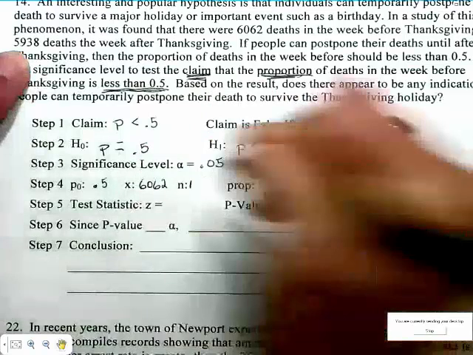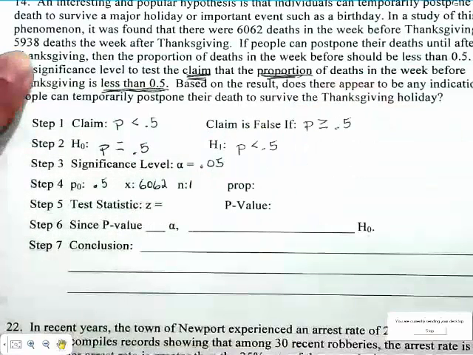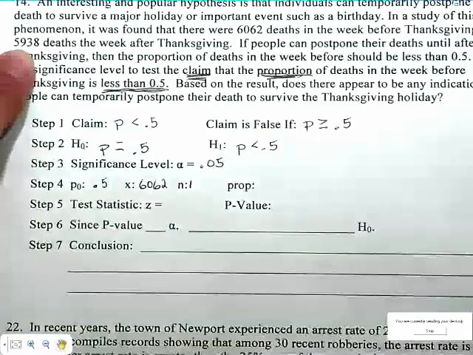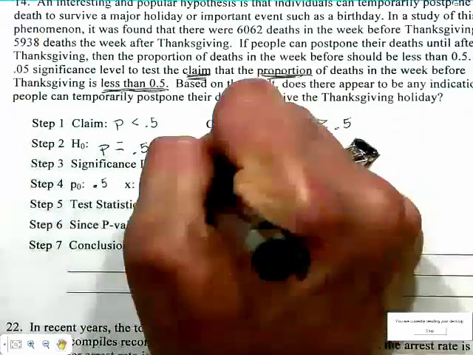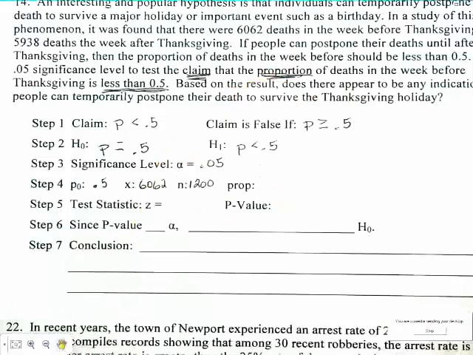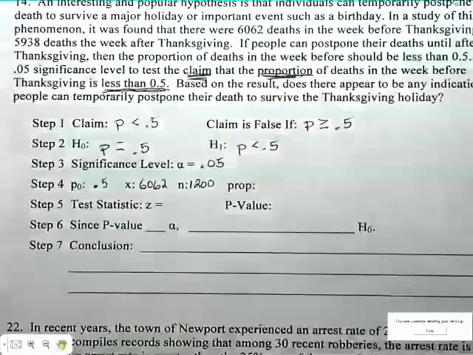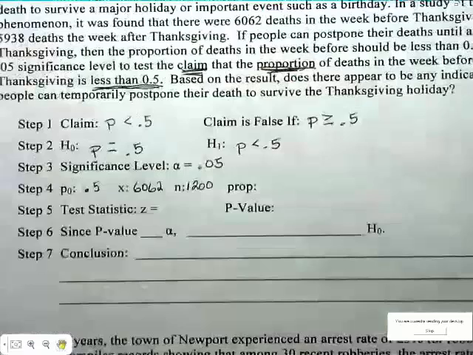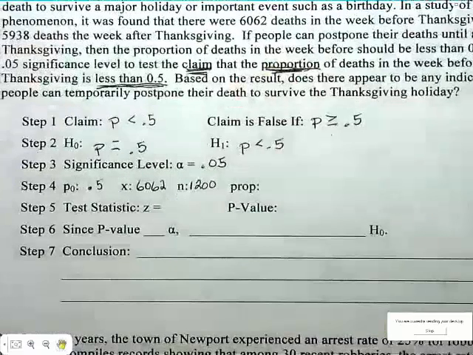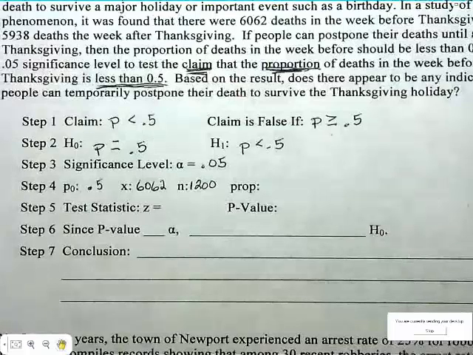Ooh, I think, yeah, it's even because that's 100. Yeah, it's exactly 1,200. And that 1,200 is nowhere written in that problem. So you have to understand what N stands for to know how to find it. It's the number in the sample.